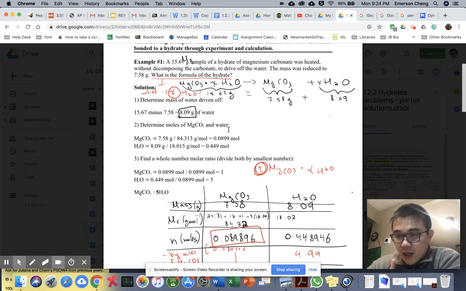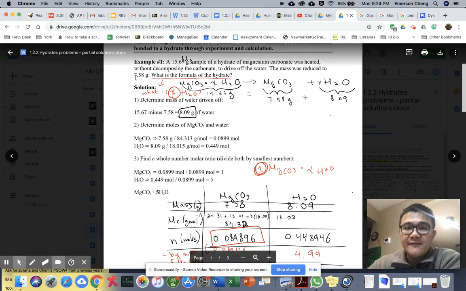You do need to be careful because the mass of MgCO3 is the final mass. Keep in mind that you start off with the hydrate, MgCO3·XH2O. You want to find what this X is, and when you heat it, you have the anhydrate salt plus whatever water became steam and left the crucible.